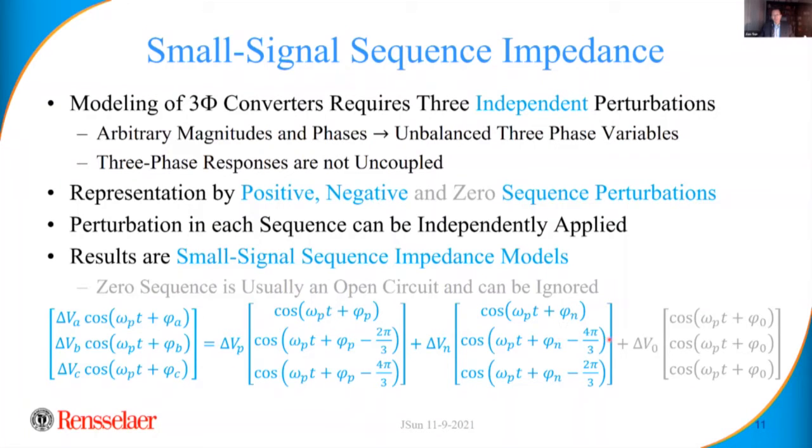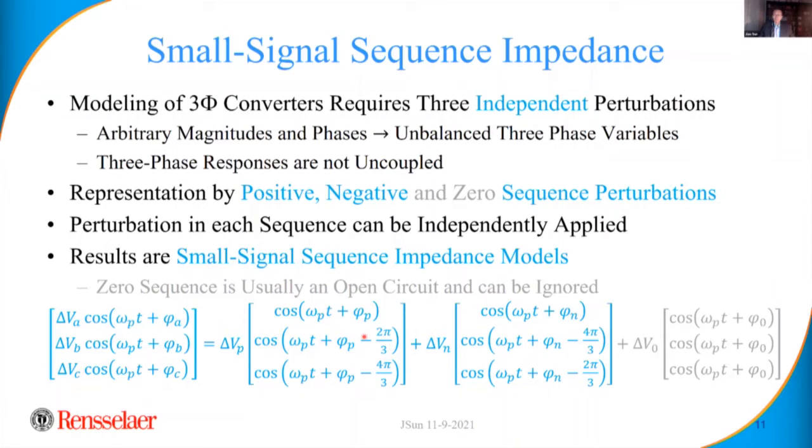Now this also tells us that if we want to apply a set of three-phase arbitrary perturbations, we can apply a set of positive sequence perturbation, a set of negative sequence perturbation, and a set of zero sequence perturbation. Instead of directly three-phase, we can just apply these balanced three-phase perturbations.